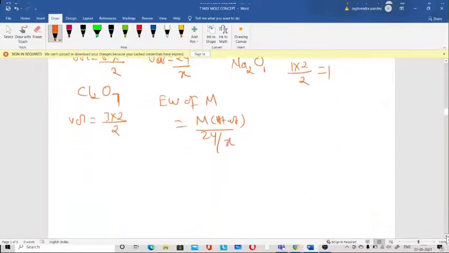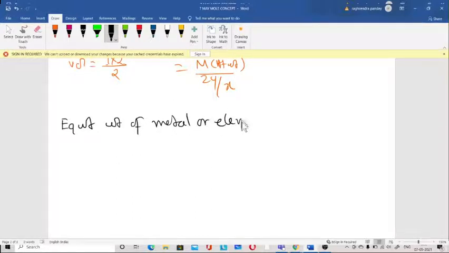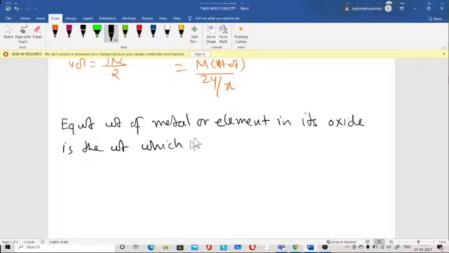Now there is another concept. In metal oxides or any oxides, there is another definition: equivalent weight of metal or element in its oxide is the weight which is bonded to 8 grams oxygen.